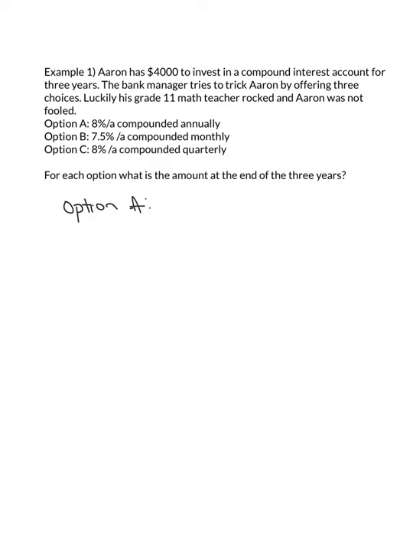So I'm just going to go in and highlight a couple of key things here. I've got $4,000. That's going to be my principal. I have 3 years, and that's going to help me when I determine my n. And then in each of the options, I have a percentage, so 8%, 7.5%, and 8%.